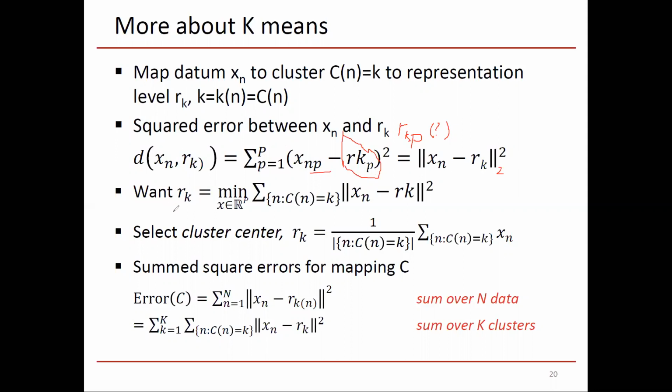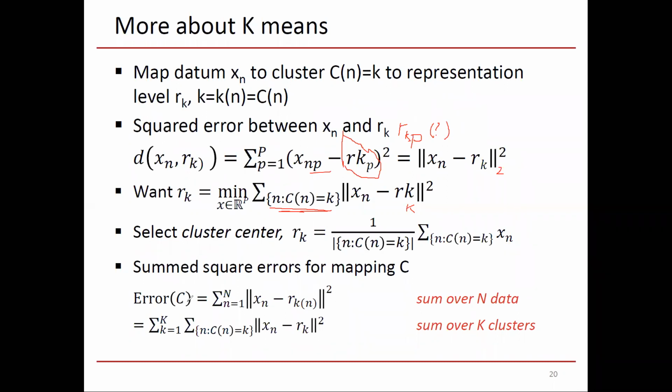Now we want rk to minimize, for all the data points that map to k, the error between xn and r subscript k. To do so, as I said before, for L2, for squared error, we select the cluster center. We just take the average.